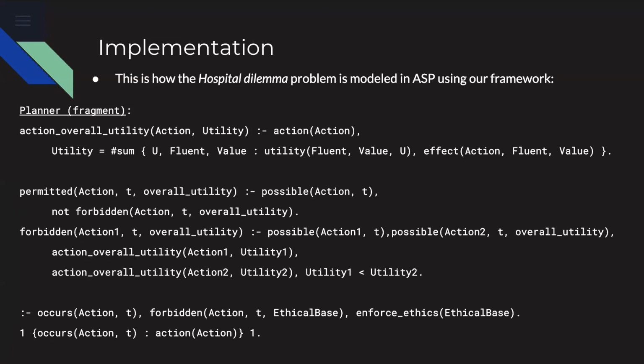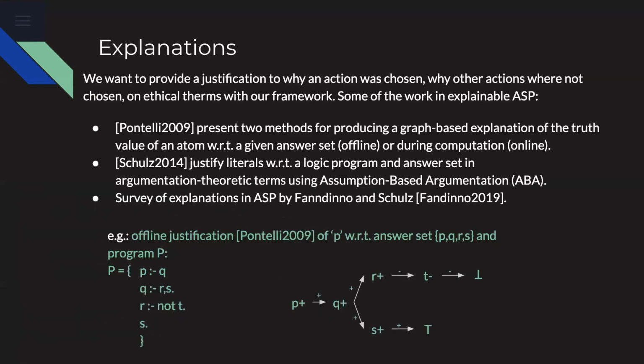And then the idea is to apply it in order to select actions with the predicate occurs, which we see at the end, which basically selects which action it will take at each timestamp. So timestamps are used in order to model which actions succeed each other. And then in the last line, we force only one action to be selected in each possible timestamp.